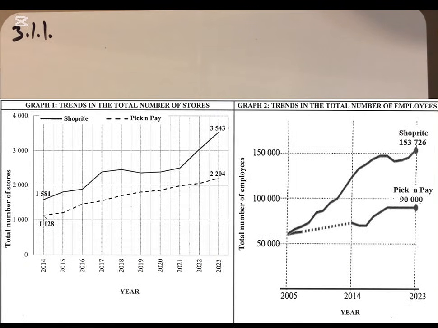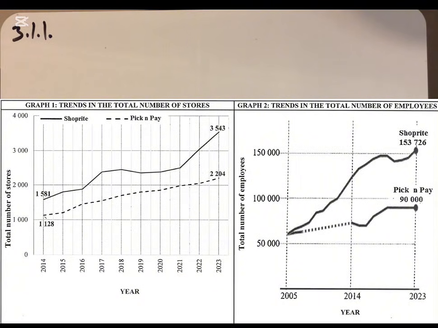Let's look at Annexure B. If you look at Annexure B here, we have the graph showing the trend in the total number of stores. ShopRite is represented by a line, then Pick n Pay is represented by dotted lines. If you look at 2014, ShopRite had 1,581 stores, while Pick n Pay had 1,128 stores.